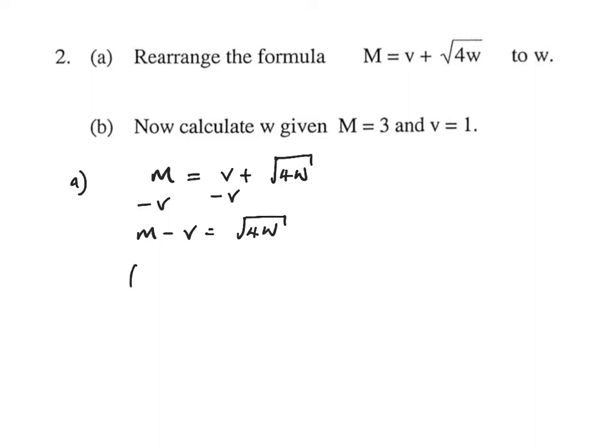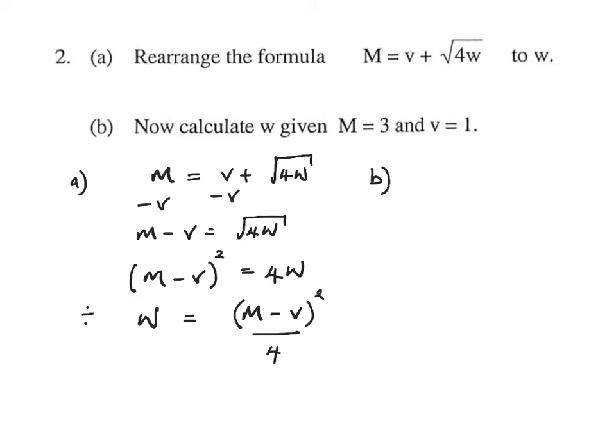We square. So I'll put a bracket around the m and the v. And the last thing to do is to divide by 4. So w equals m minus v all squared over 4.